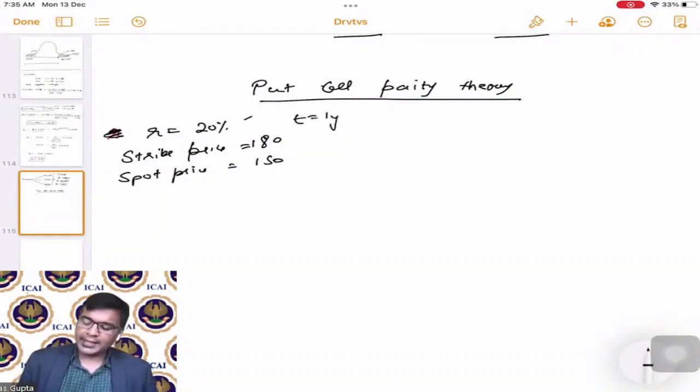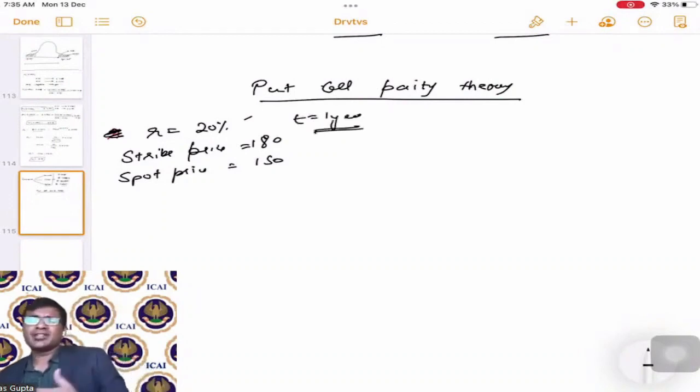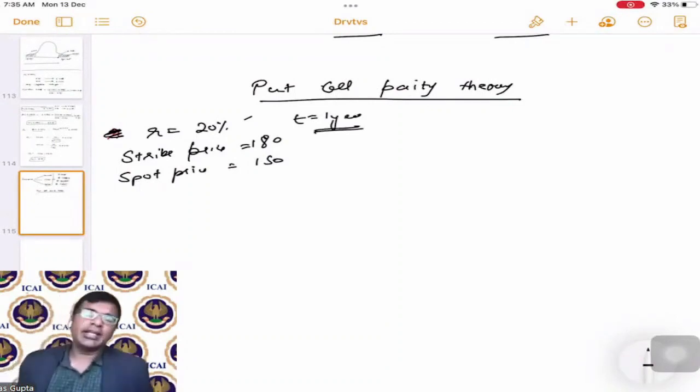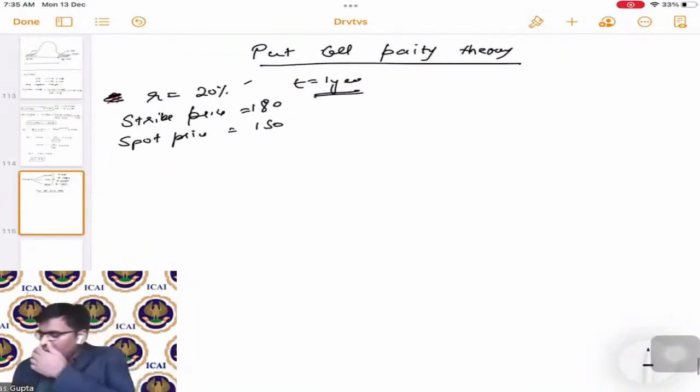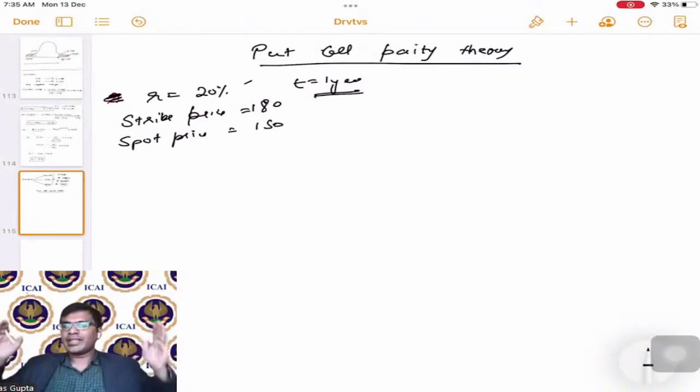We are not complicating the situation by introducing 2 months, 3 months, 4 months. We're just putting T is equal to 1, which is for 1 year. Correct? Now we have to think of it from two angles, correct?